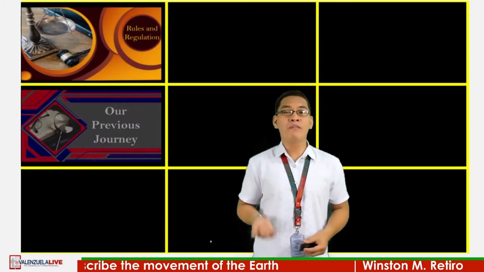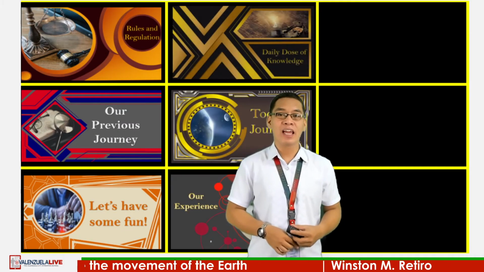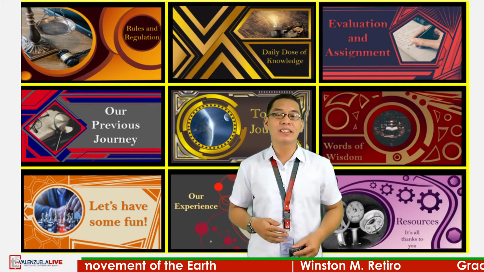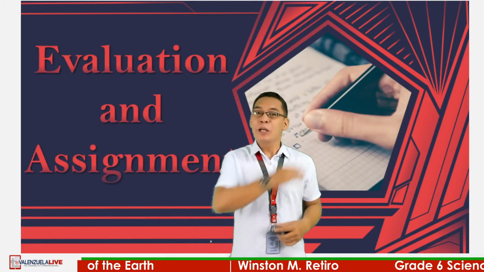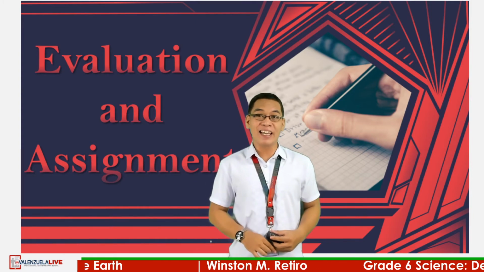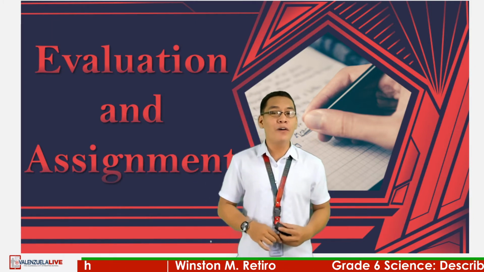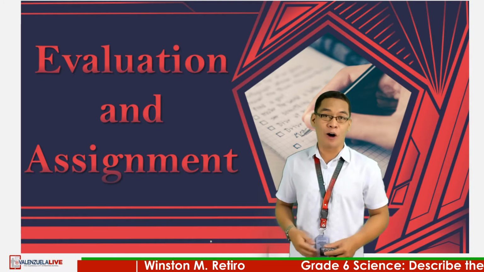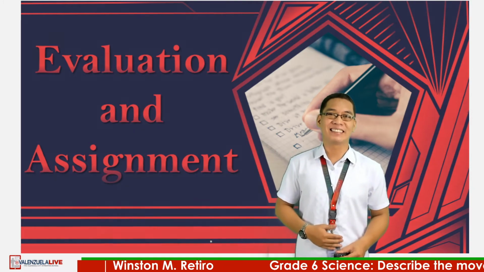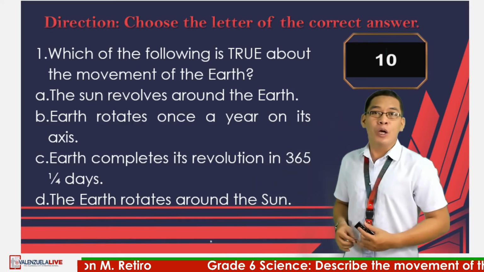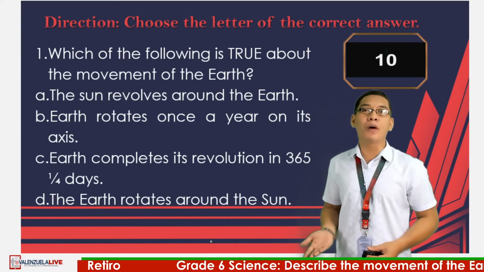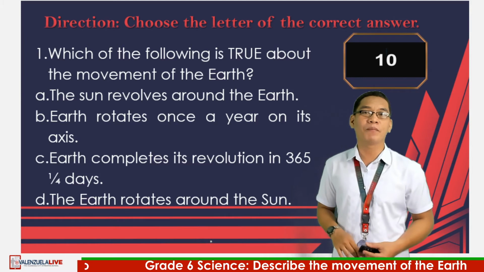For our evaluation for today, I want you to choose the letter of the correct answer. Please type your answer in the comment section or write your answer on a piece of paper. Number 1, which of the following is true about the movement of the Earth?